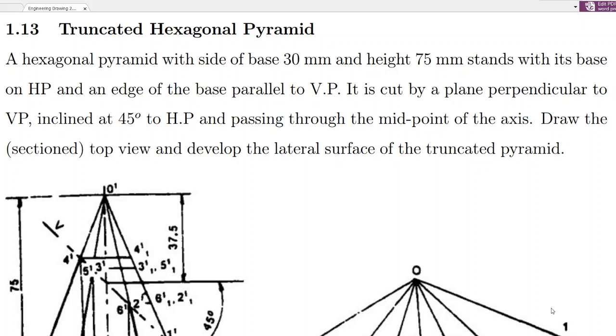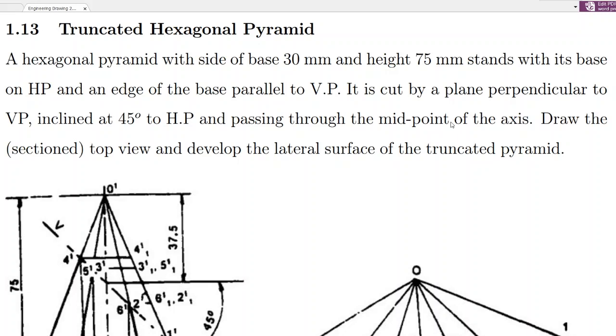All right, so we are going to consider this question on development, and it's a truncated hexagonal pyramid. It says that the hexagonal pyramid with side of base 30 millimeters and height 75 millimeters stands with its base on the horizontal plane and an edge of the base parallel to the vertical plane.